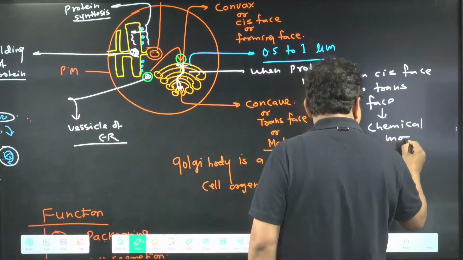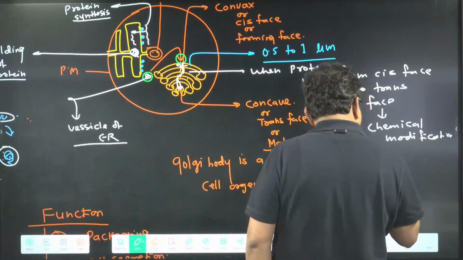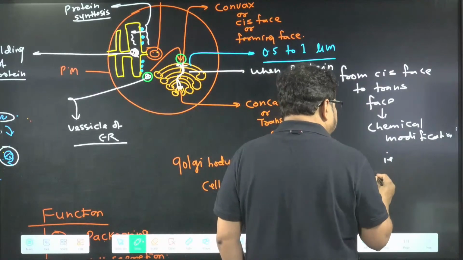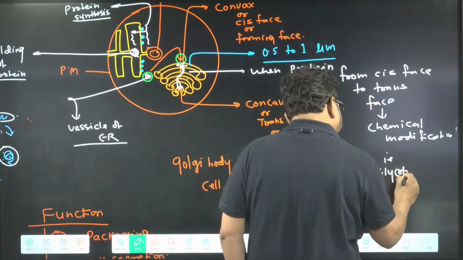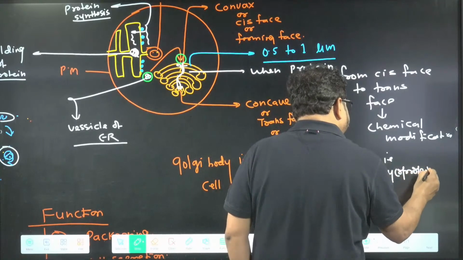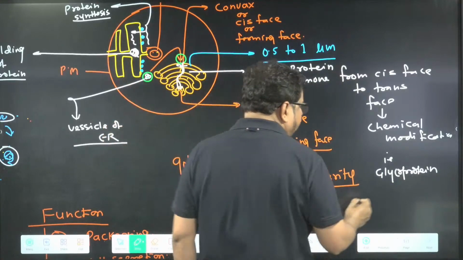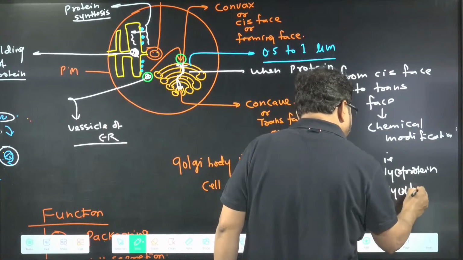Chemical modification occurs, that is, what is forming? Carbohydrate joined with protein, oligosaccharide joined with protein, and glycoprotein is forming. If lipid is coming, I told about protein, if lipid is packing, then glycolipid is forming. Are you getting the idea?